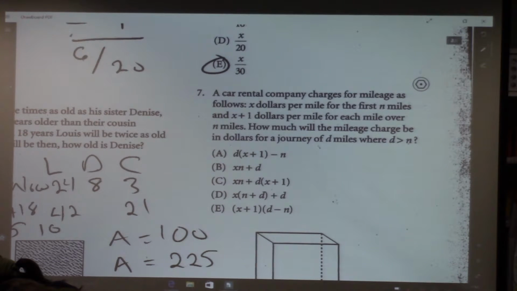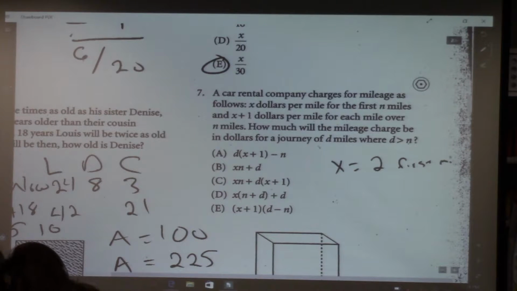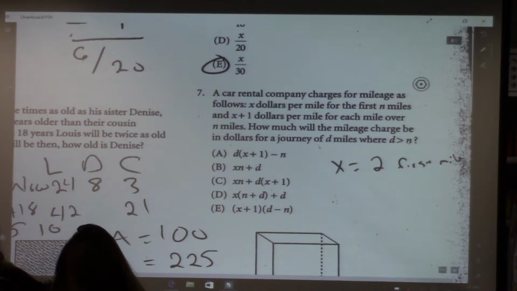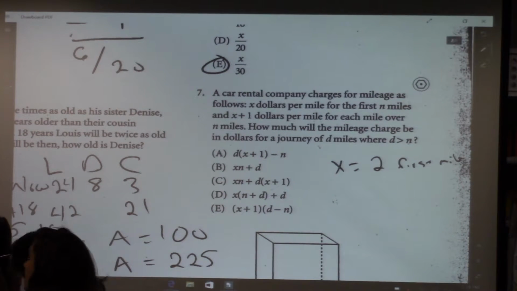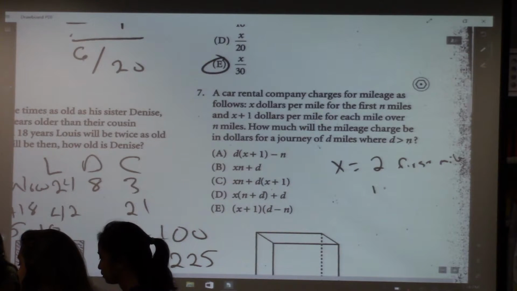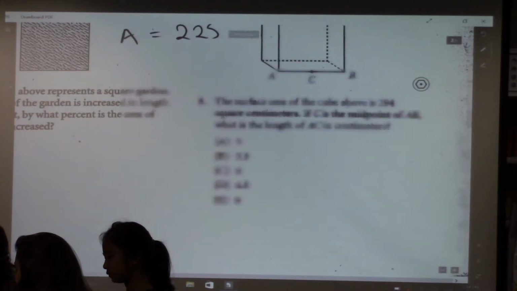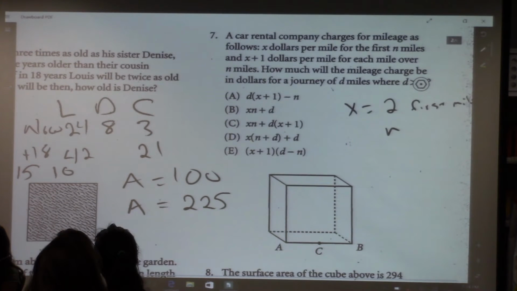We have a car rental company that charges per mile as follows: X dollars per mile for the first N miles. So how much do you want them to charge? X, $2, beautiful. And it's for the first N miles. What do you want N to be? For the first 3 miles, okay?